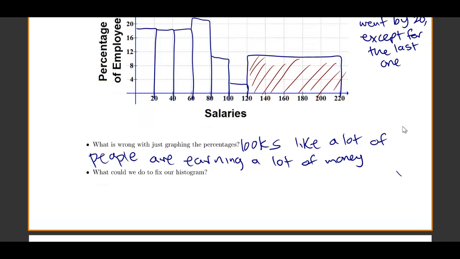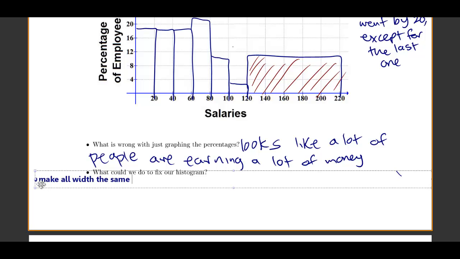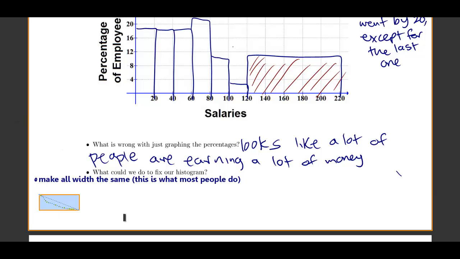So what can we do to fix our histogram? There are two different things that we could do. The first is that we could make all the widths the same. And this is what most people do. And it's actually the easier way to do it. Unfortunately, it's not the way that we do it in our textbook. In our textbook, what we're going to do is we're going to change the scale.